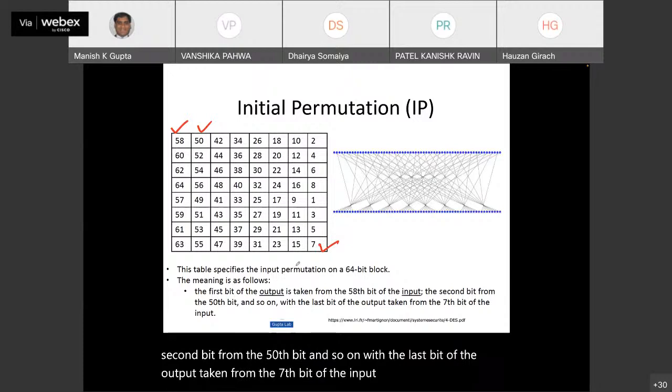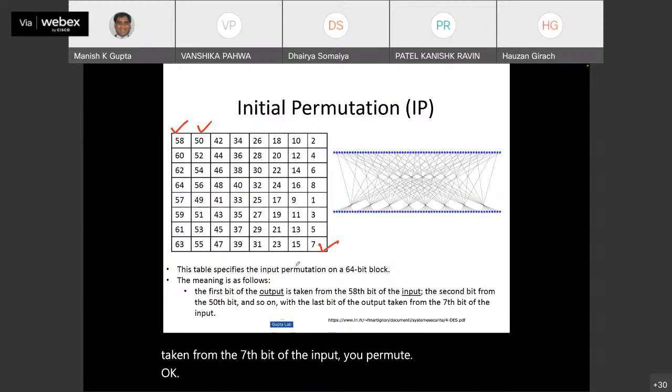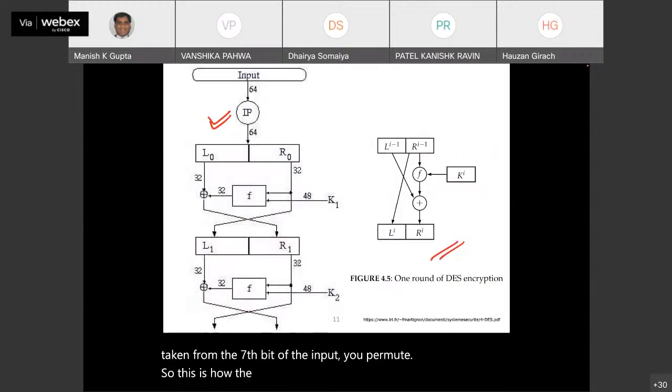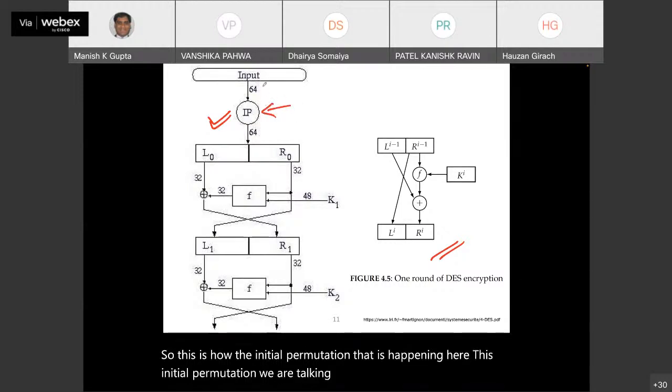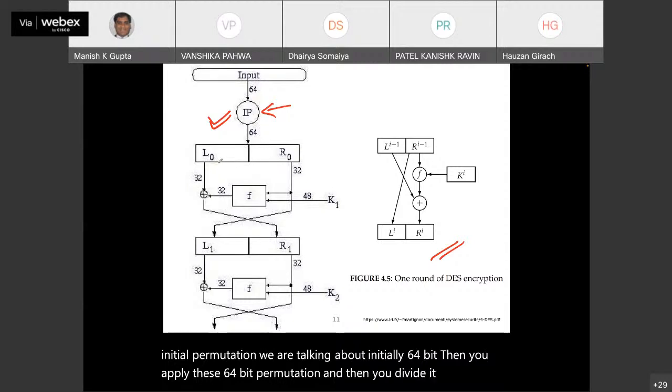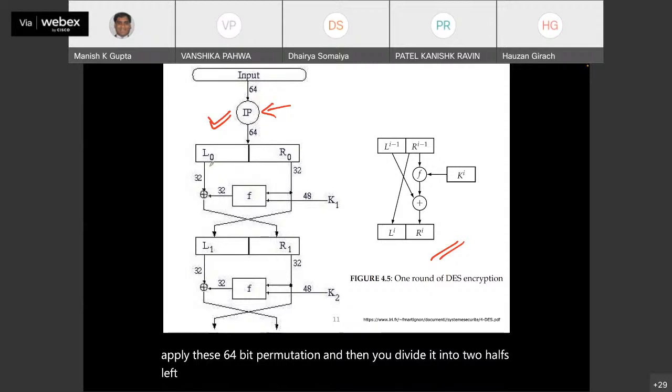Like this you permute. So this is how the initial permutation happens. You take the 64-bit input, apply the permutation, and then divide it into two halves, left half and right half, and we call them L0 and R0. Then you do this kind of calculations.